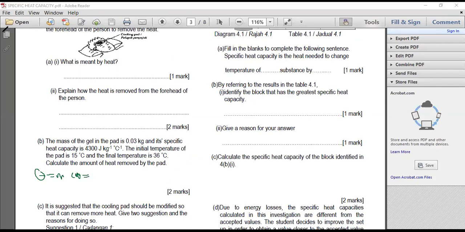The mass is 0.03 times 4,300 times 36 minus 15. So the answer is 2709.